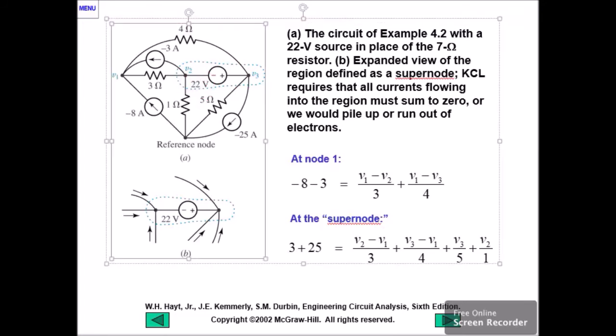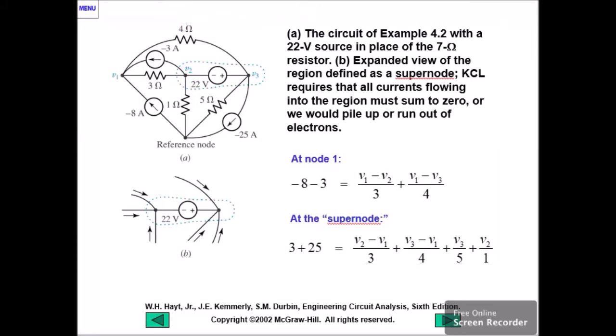Or if you go from the other side, it becomes negative V2 plus V3 is equal to 22, which is the same as earlier. So now you have 3 equations and 3 unknowns, so just solve. Again, it's up to you how to solve it. Okay? Any questions so far? If you have questions, you can message me or comment below.